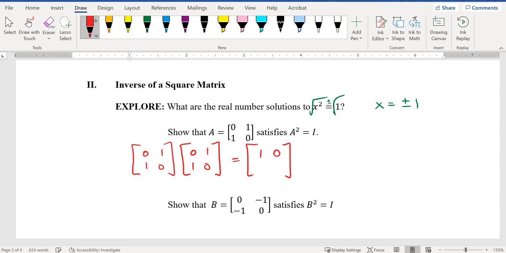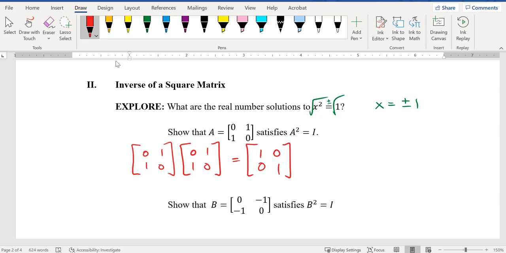Then this row times that column, 0 plus 0. And last but not least, this row and that column, 1 plus 0. So we just showed that if we took that matrix A and multiplied it by itself, we came out with the 2 by 2 identity matrix.